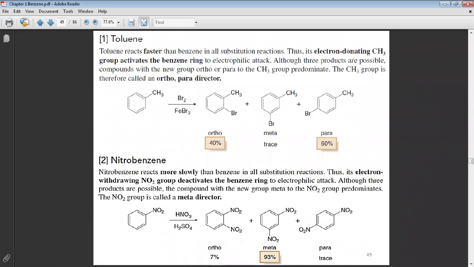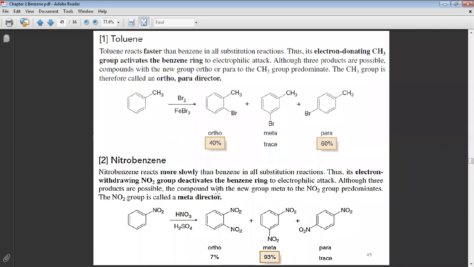Look at the meta, 93%, a high percentage. Look at the para, also a trace amount. This is exactly the reverse of the toluene reaction. Why is this? What will happen here? This is the meaning of orientation.